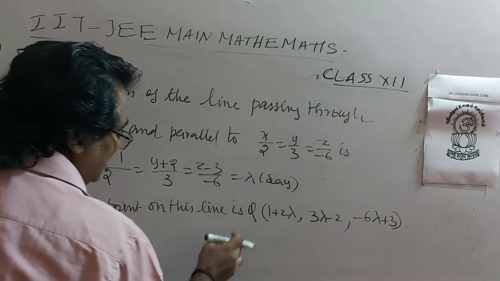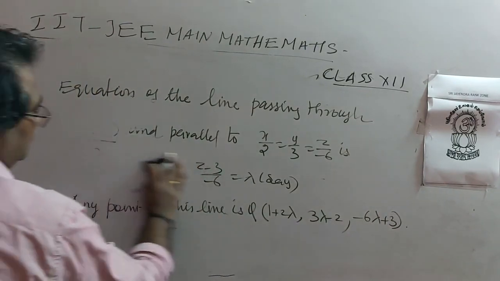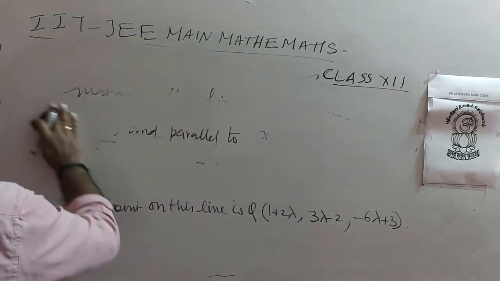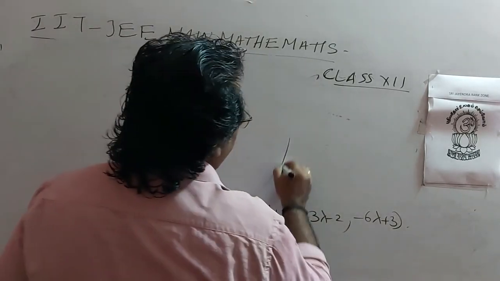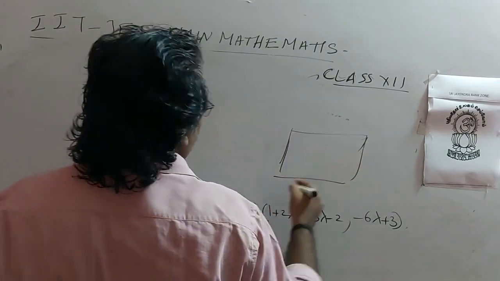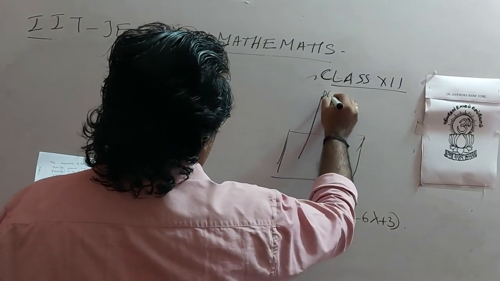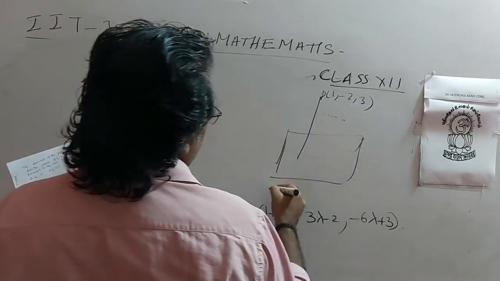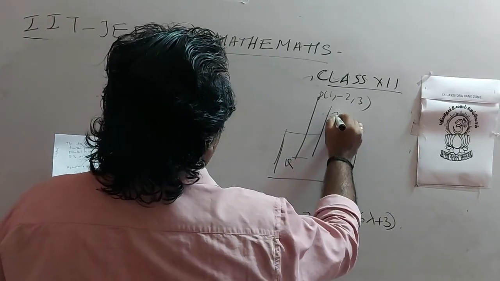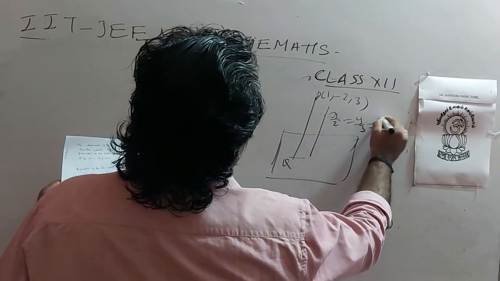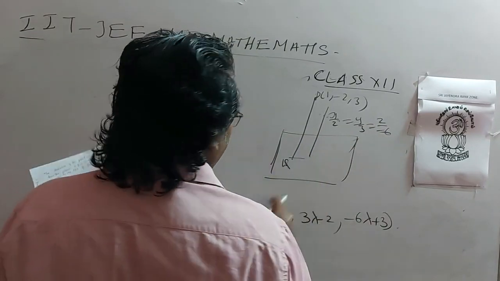The line may intersect the given plane, therefore the point lies on the plane. That is Q. This is parallel to the other line, x by 2 equal to y by 3 equal to z by minus 6.